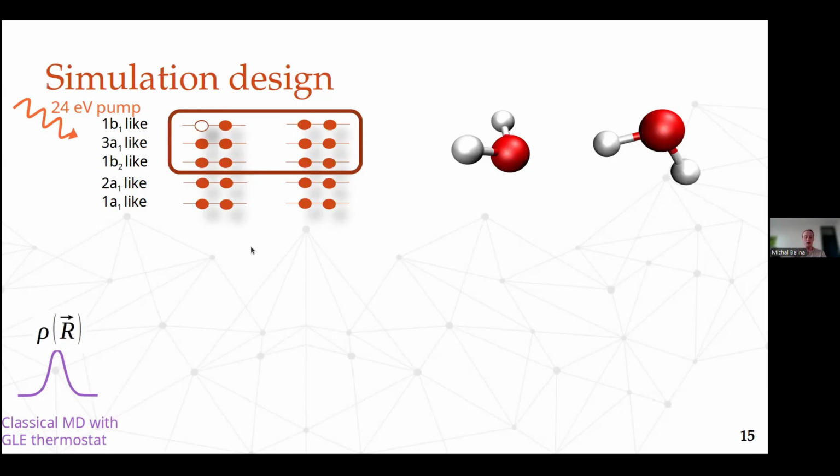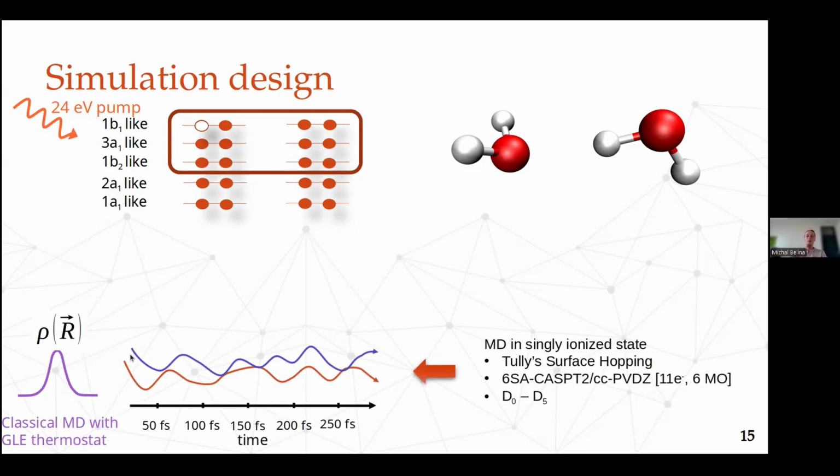we did simulations of the same event, and we copied the experiment in every step. So first we prepared some initial nuclear density of this water dimer, to represent the initial molecular beam of the experiment. Then we did non-adiabatic molecular dynamics, considering 6 different initial states, and each of these states represents a different molecular orbital ionized.